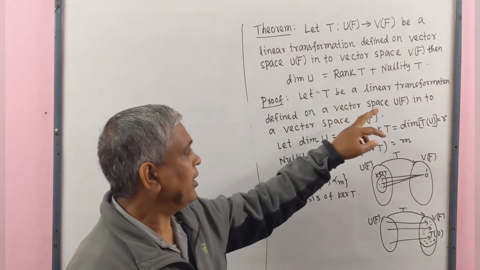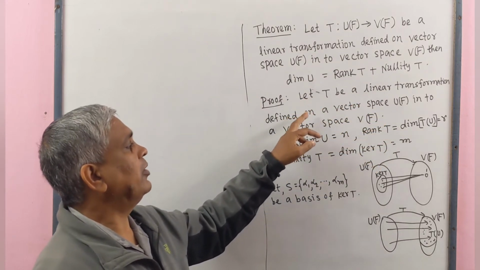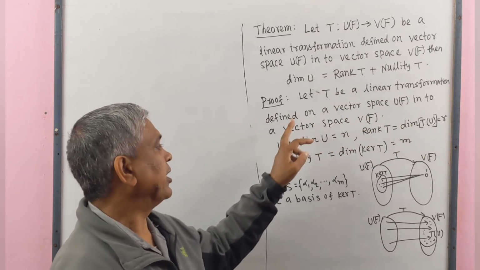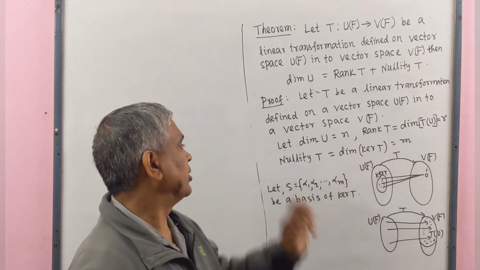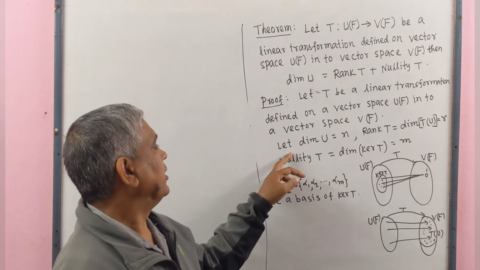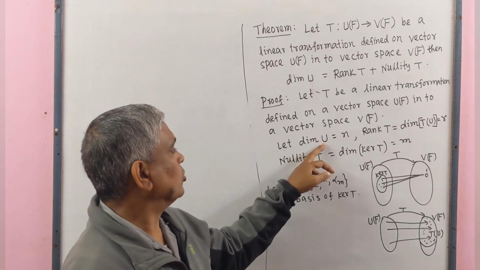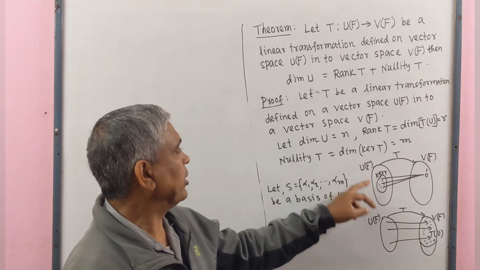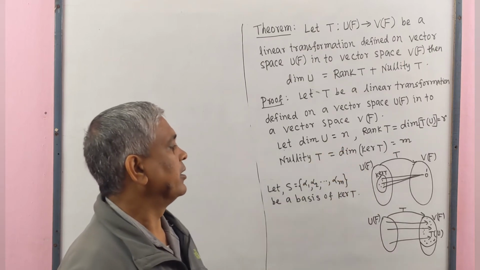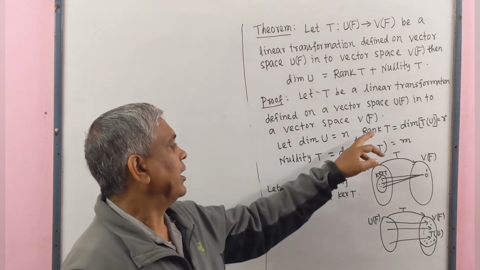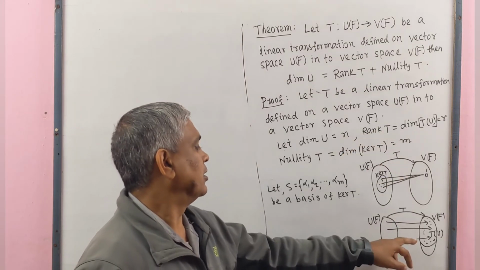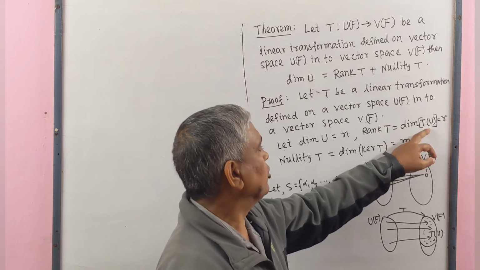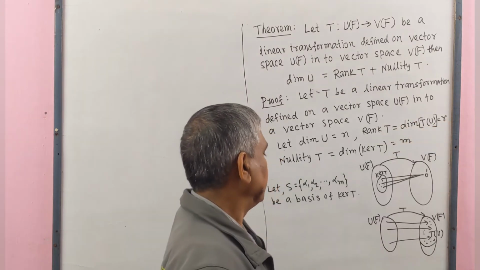Let T be a linear transformation defined on a vector space U(F) into a vector space V(F). Let dimension of U, means dimension of vector space U(F), equal to n. Rank of T is dimension of T(U) equal to r.